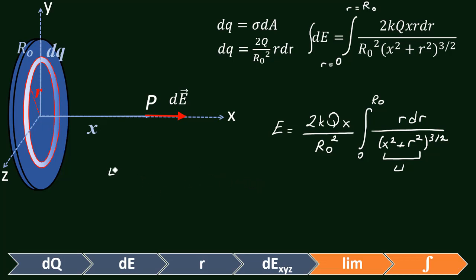So u is x squared plus r squared. Hence, du can be defined as the derivative of this side with respect to r, which is 2r times dr.